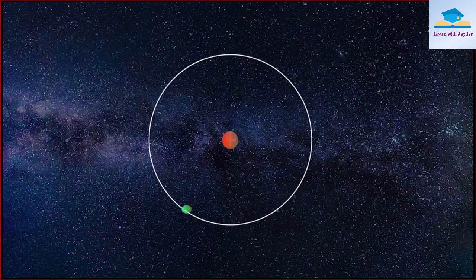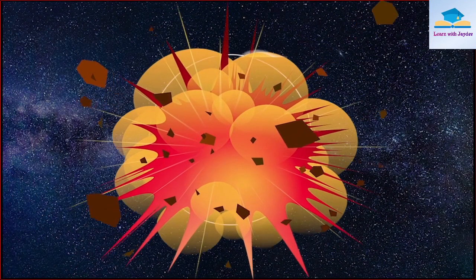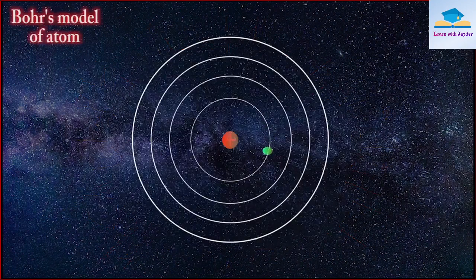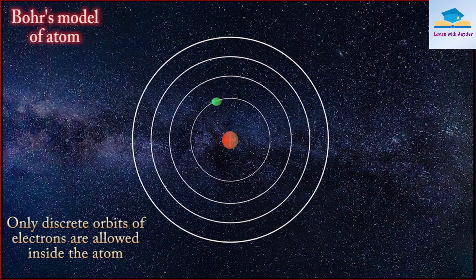In order to overcome the objection raised against Rutherford's model of the atom, Niels Bohr put forward the following postulates about the model of an atom. Only certain special orbits, known as discrete orbits of electrons, are allowed inside the atom.